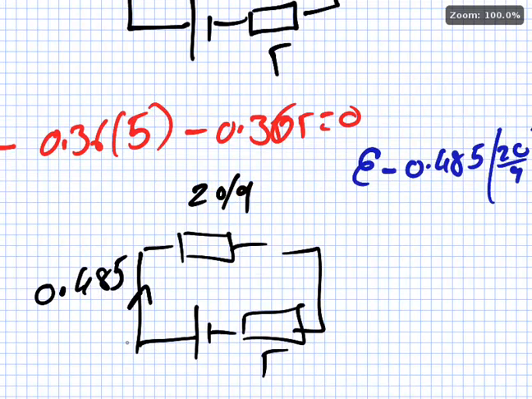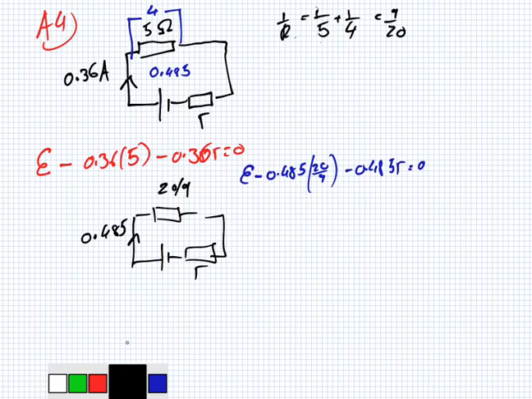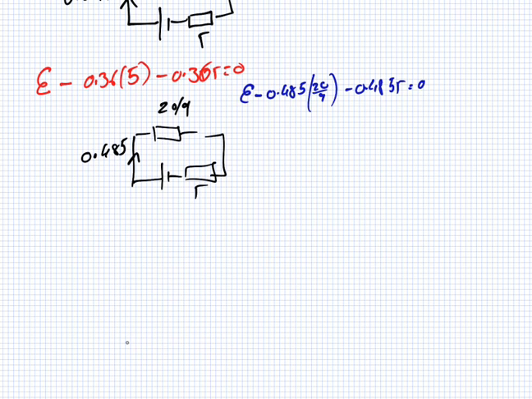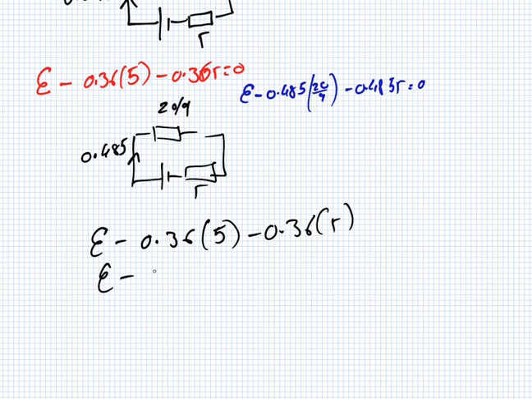So if I write these two equations together, I have E minus 0.36 times 5 minus 0.36r, and then I have E minus 0.485 times 20 over 9 minus 0.485r, both equal to 0.